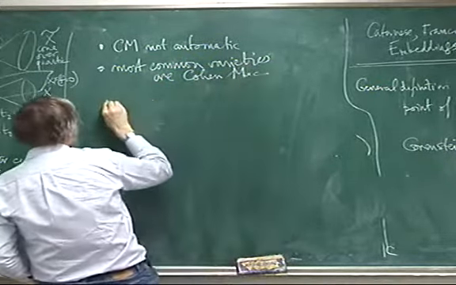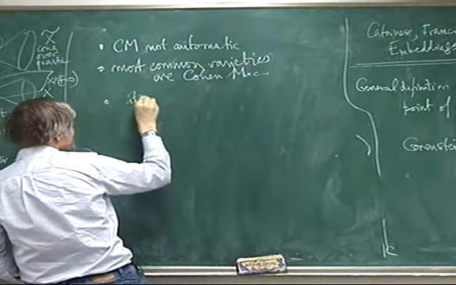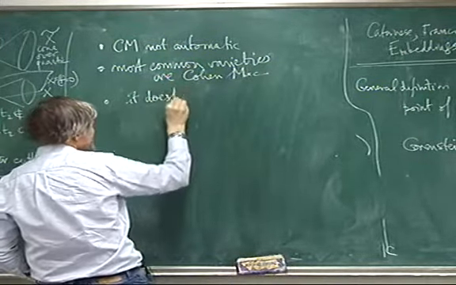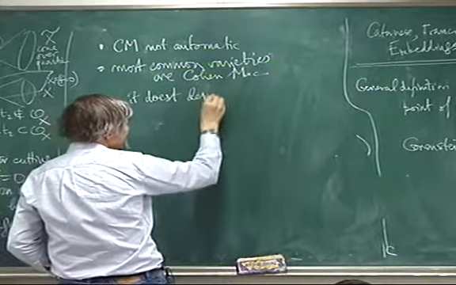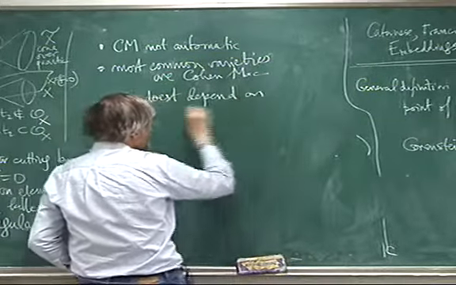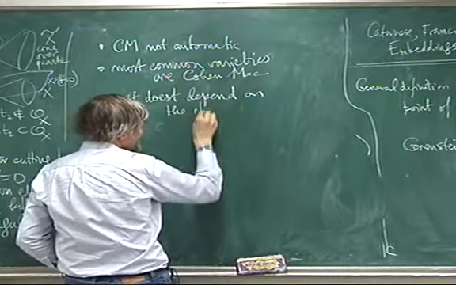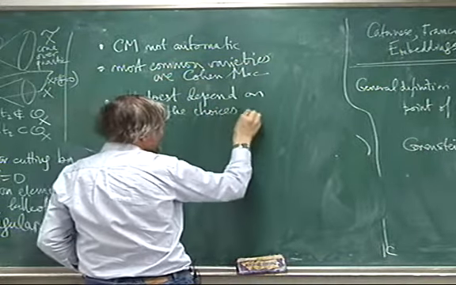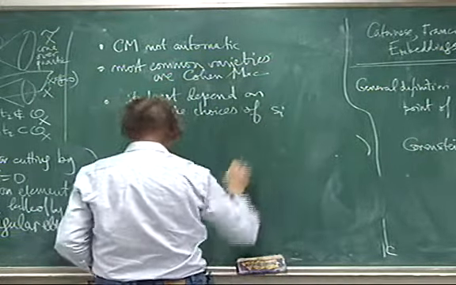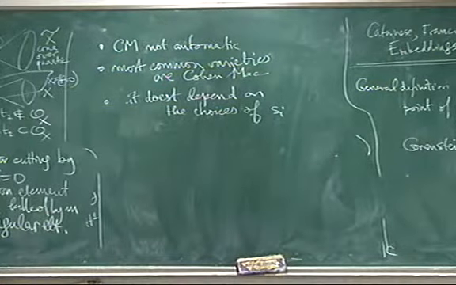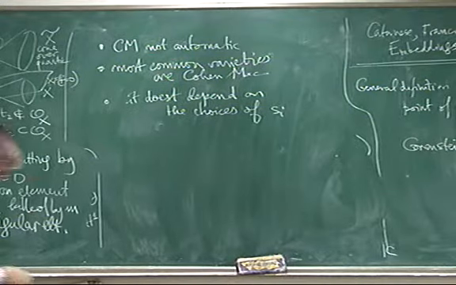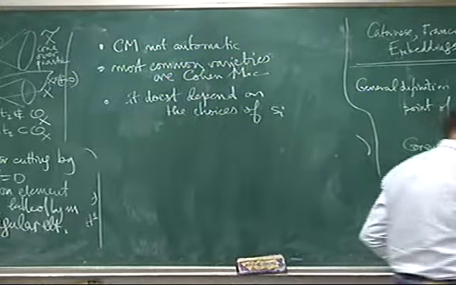And it doesn't depend on the order, it doesn't depend on the choice of xi. So if the thing is Cohen-Macaulay, if there exists one of these, but once there exists one, then basically any sequence I choose like this, which actually cuts down to 0 dimension, will automatically be a regular sequence.